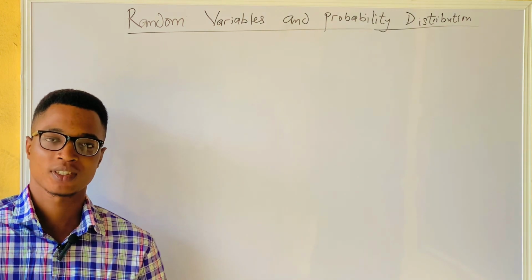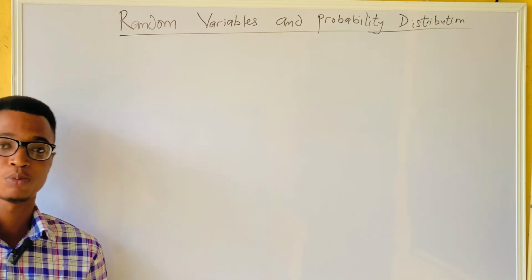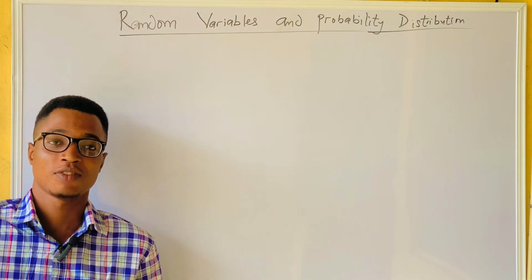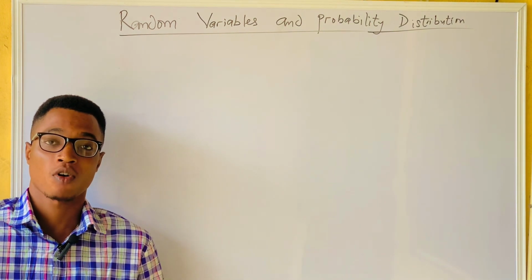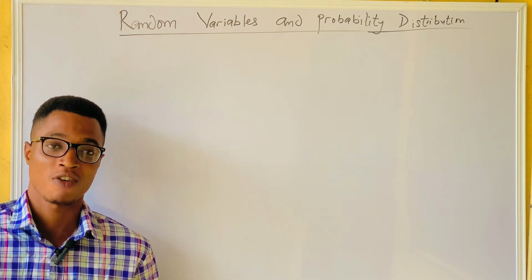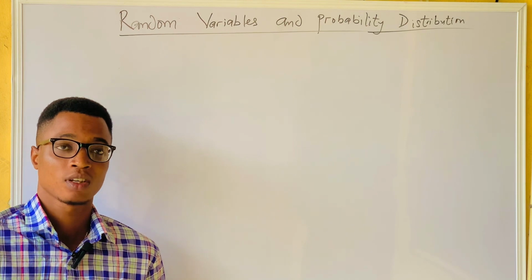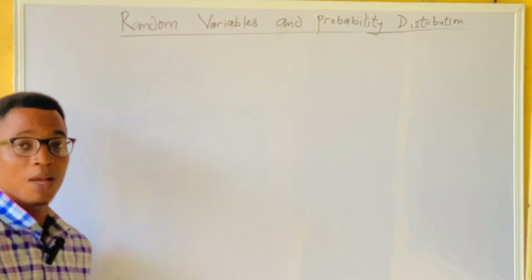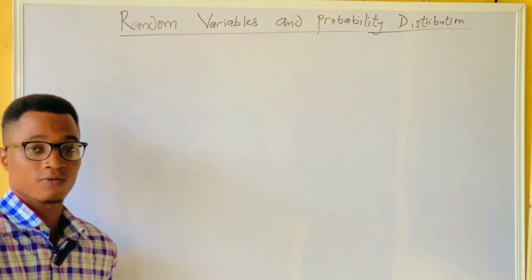in a sample space. Probability distribution is a mathematical function that gives the probability of occurrence of different possible outcomes of an experiment. Going back to random variable, we have two types of random variables.